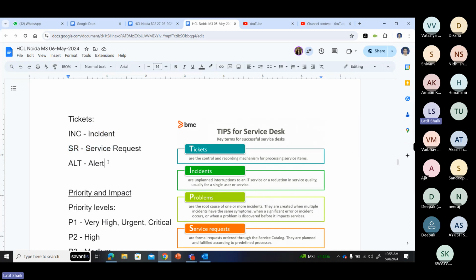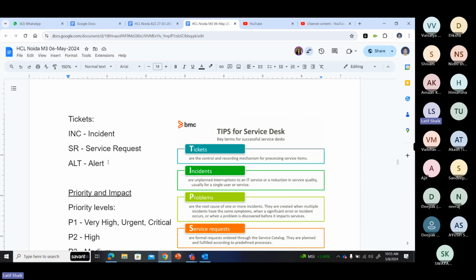Service request: I ask for some information, or I want a change of a service, or a VPN connectivity, or an application installation, or a change to my hardware configuration, or access permissions. Then I will go with the service request. That type of ticket is a service request ticket.